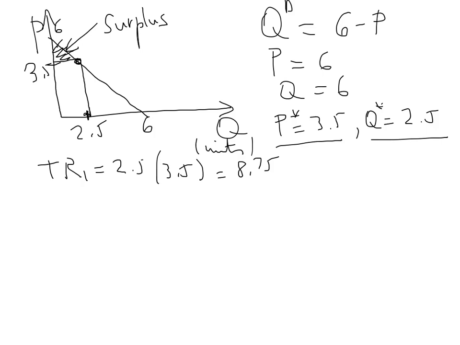In this case, we are going to have more total revenue coming from this surplus. So we are going to have an extra revenue, total revenue 2, which is going to be the area of this triangle. What is the area of this triangle? If you remember, the triangle area is base times height divided by 2. In our case, the base is 2.5 times the height. How do we calculate this height?